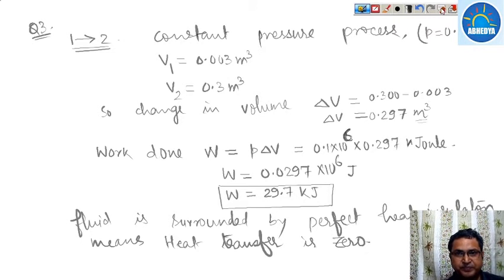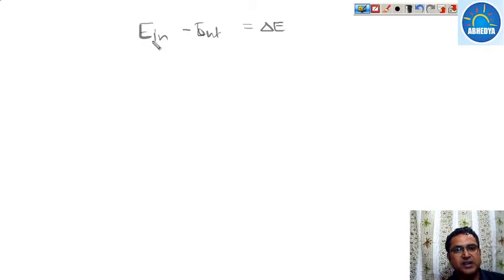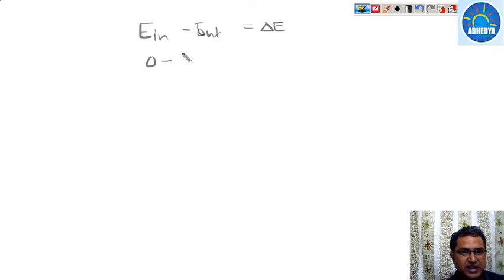Okay, so according to the first law of thermodynamics, E in minus E out is equal to delta E. So for process 1 to 2, at E in, there is no heat transfer, so it is 0, minus at E out it is the total work done, and the change in internal energy is E2 minus E1.